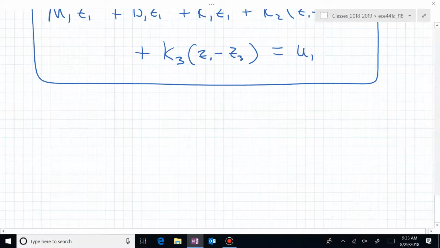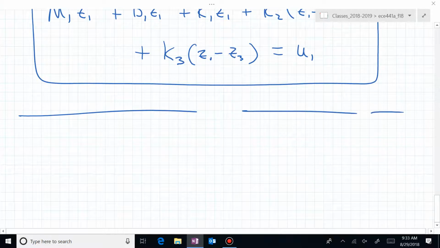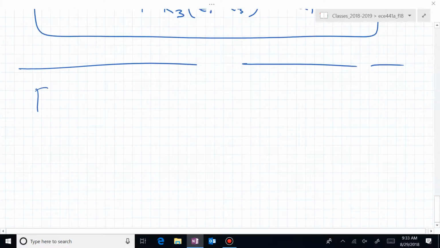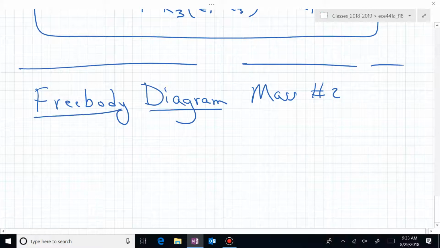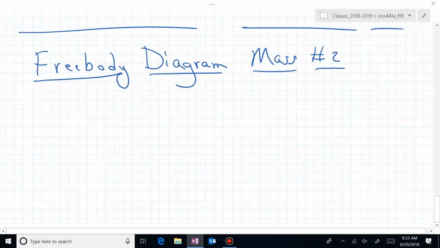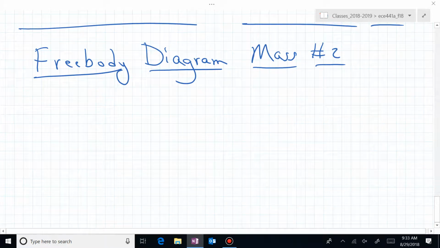Let's see how well I presented that by having you sketch the free body diagram for mass number 2. And if you're brave, you can pull out the whiteboards if that's easier. So I want you to sketch free body diagram number 2, or for mass number 2, I should say.